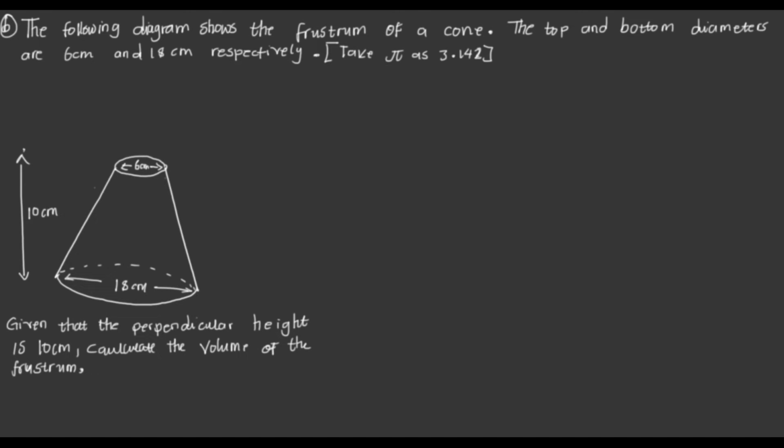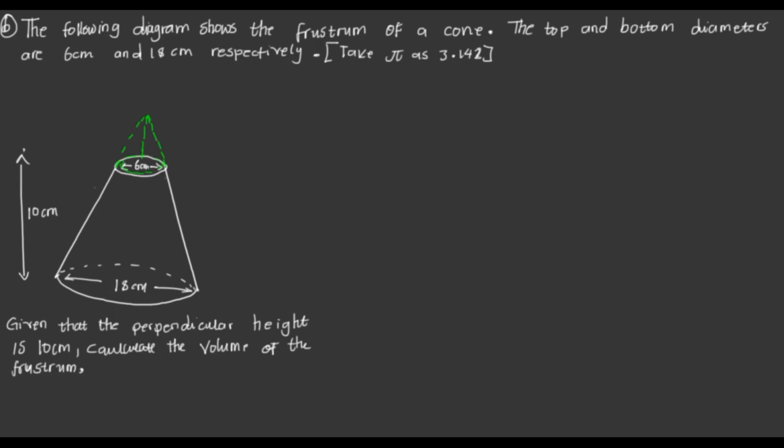Now for us to calculate the volume of the frustum, first we are going to complete this frustum. We have to make it so that it becomes a complete cone. So this is how it was. So as we can see, we have this small cone that I've added in the green.